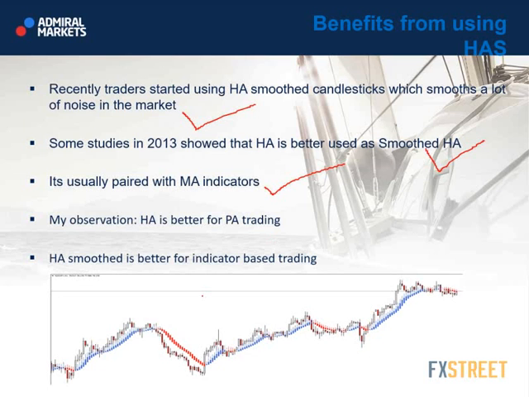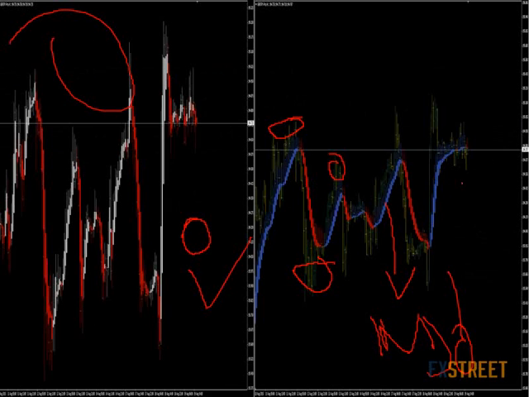So Heiken Ashi smoothed is better for indicator-based systems. So when you have a couple of indicators which confirm the trend and entry, that is a time when we go with Heiken Ashi smoothed. If you want to trade off EMAs, like dynamic support resistance, taking patterns like 1, 2, 3, then Heiken Ashi normal is better.